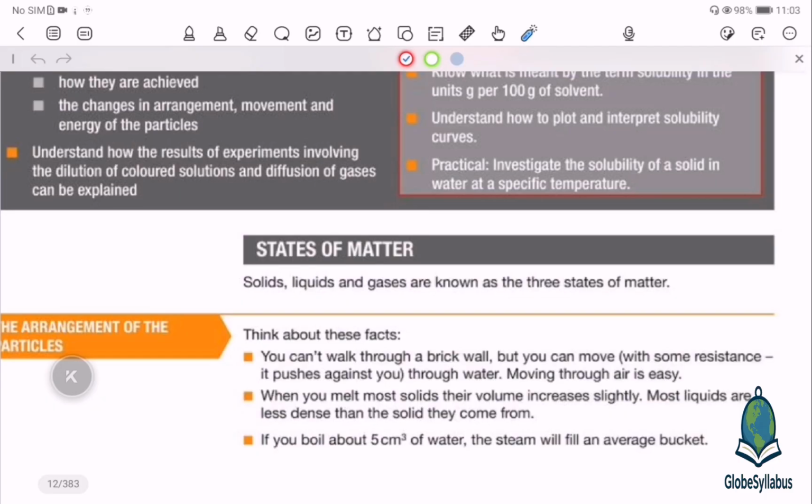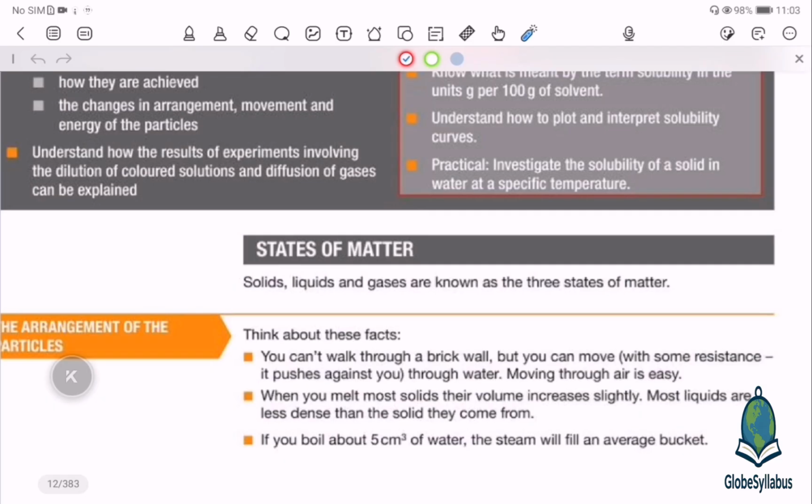When you melt most solids, their volume increases slightly. Most liquids are less dense than the solids they come from. Why does the volume increase when we melt solids? Because solids are denser than liquids. So when we melt a solid, the density decreases, whereas the volume increases.